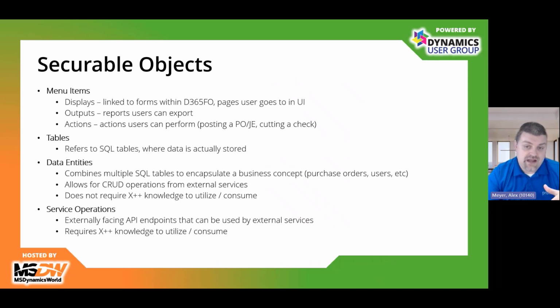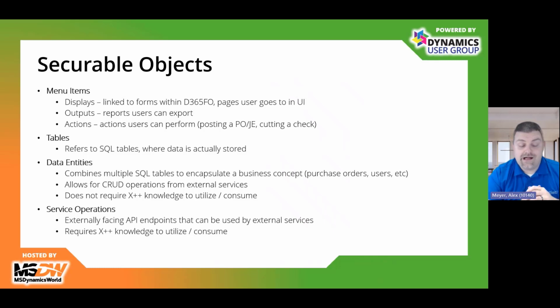So anytime there's an action that's being performed, so if you click something or navigate to a page and it actually runs a process in the back end, normally those are controlled by menu item actions. So things like posting a purchase order or journal entry, cutting a check, things like that are menu item actions that are occurring within the system. So those are the three different menu item types when you are looking at those.